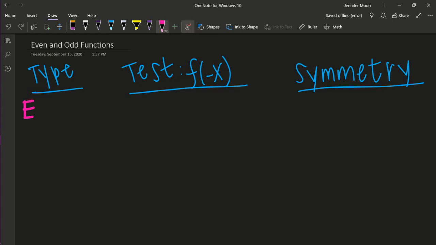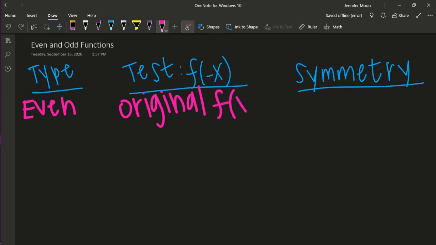So if a function is even, the way we figure this out is we do our test, which means to plug in negative x into our function. If we plug in negative x and we end up with the original equation, so we have the original f of x, then that would be an even function.